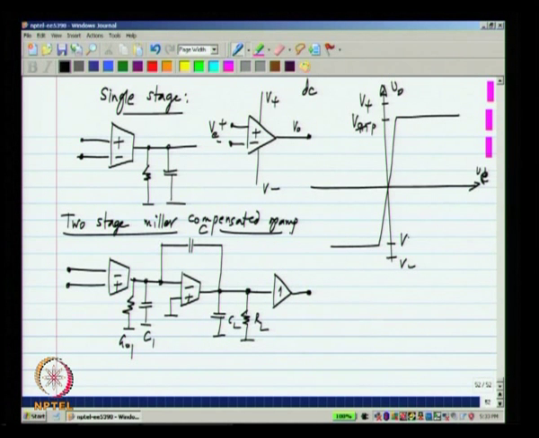These are known as the saturation voltages. I will call it V sat P and V sat M, the positive and negative saturation voltages. They may or may not be equal to each other. That is, the gap between V sat M and V minus, and the gap between V sat P and V plus, may or may not be equal to each other. And you have to determine what V sat P and V sat M are from the data sheet.